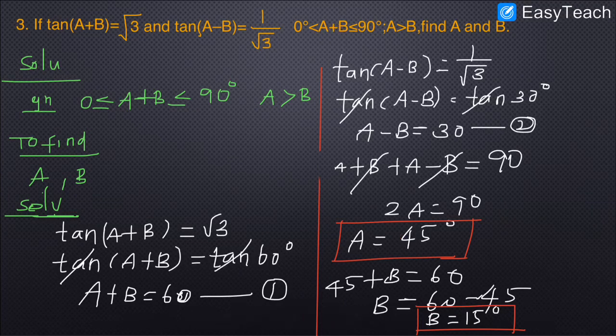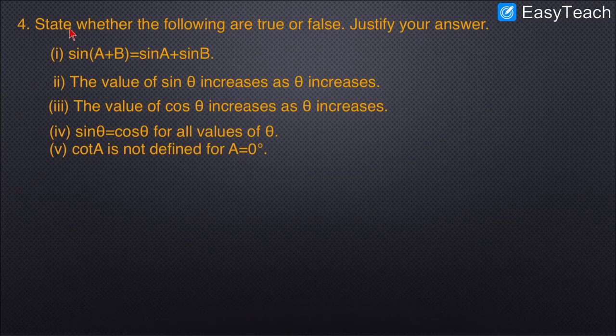Let's move on to the fourth question. State whether the following are true or false. Justify your answer. Sin of a plus b equals sin a plus sin b. Here just to verify, take any two angles. For a I take 30, for b I take 60. Let's substitute the values and find what answer we get.